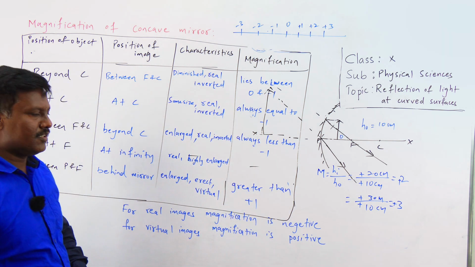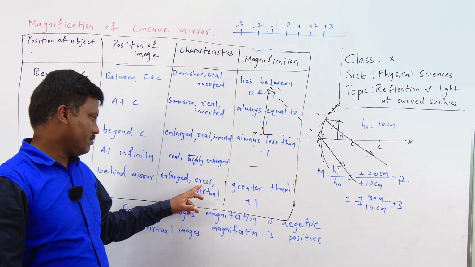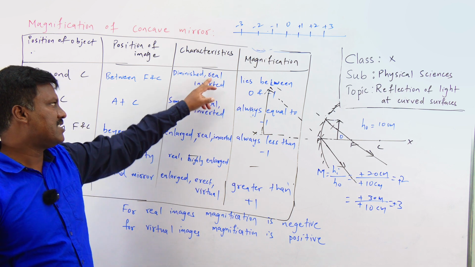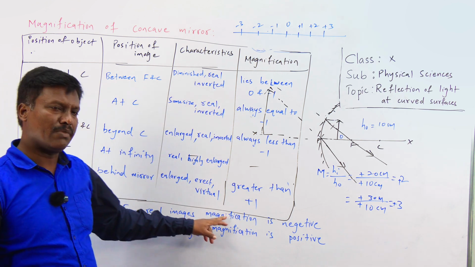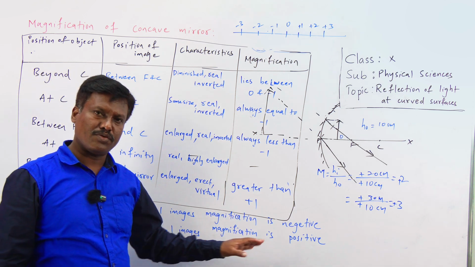This is the conclusion. Yes or no? We got plus values here because the image is virtual. We got all minus values here because the image is real. So for real images, magnification is negative. For virtual images, magnification is positive.